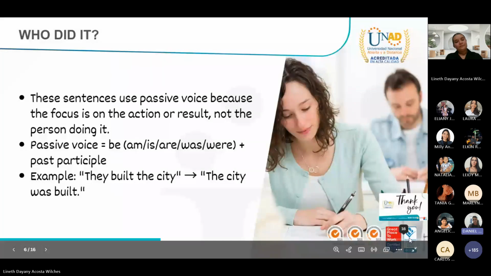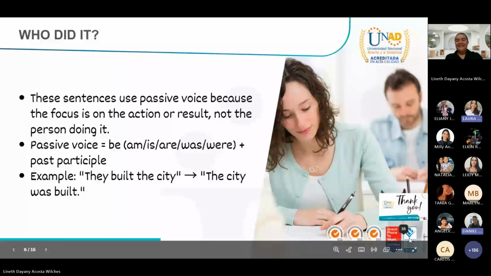Was. Why? Those are parts of be. Yes, but why do we use was, why don't we use the city is built? Because it's not present, it's talking about something that happened before, in the past.